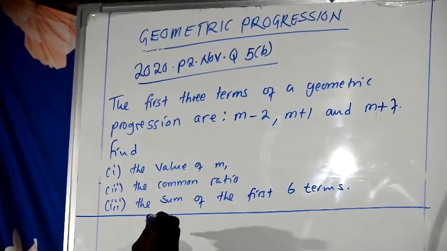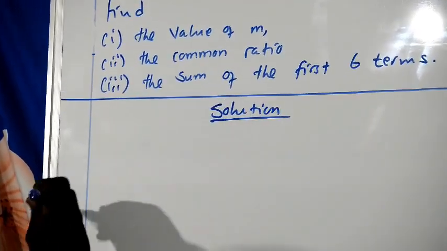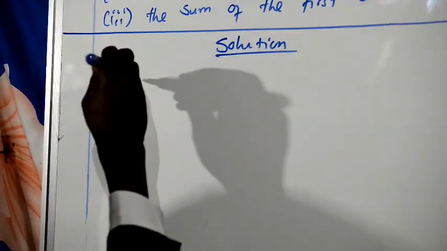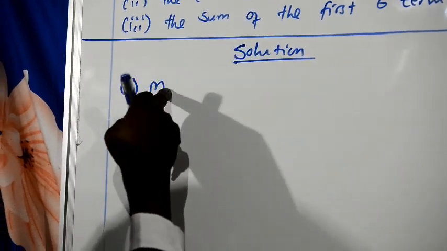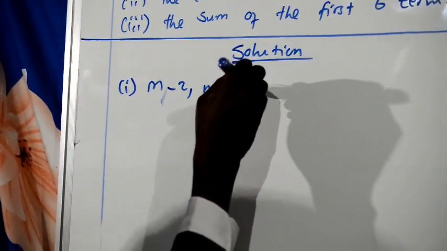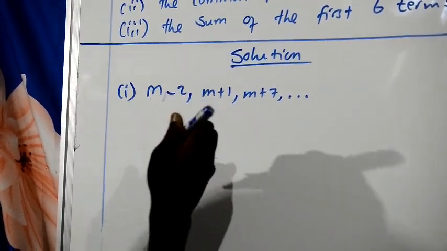So how do we get the value of m? First, the concept: the first term is m minus 2, the second term m plus 1, the third term m plus 7. The concept behind here is on common ratio.